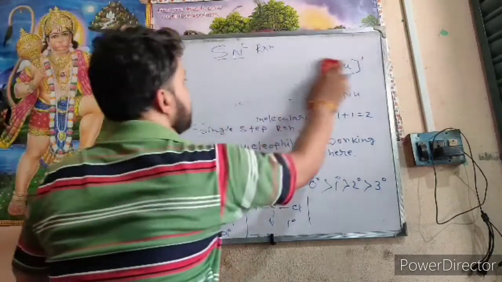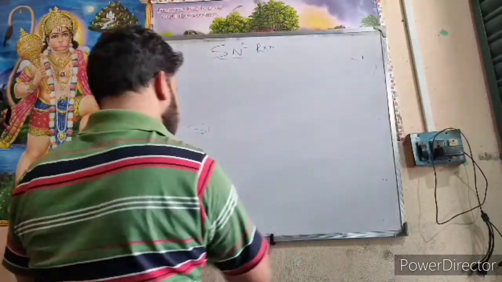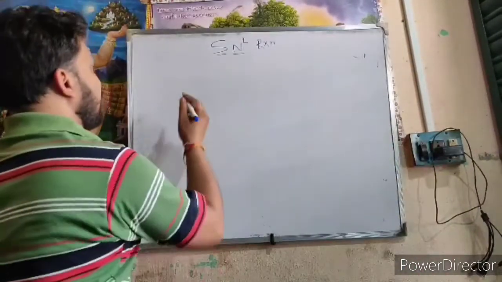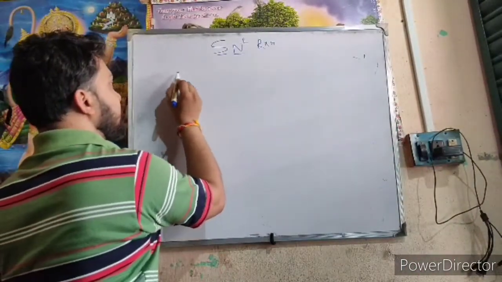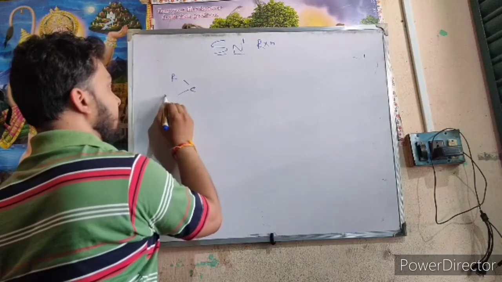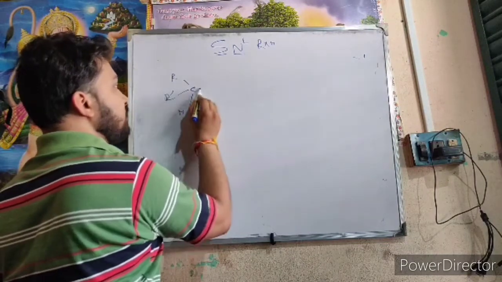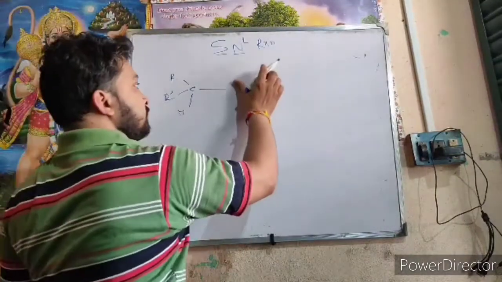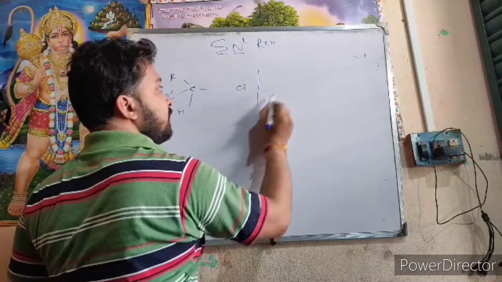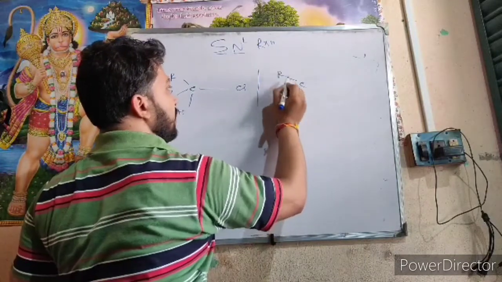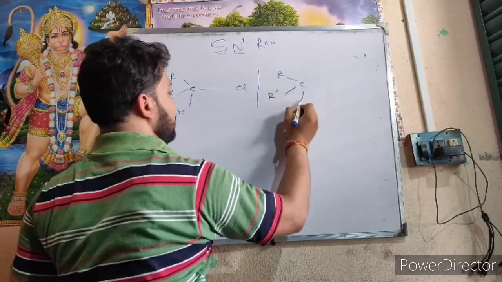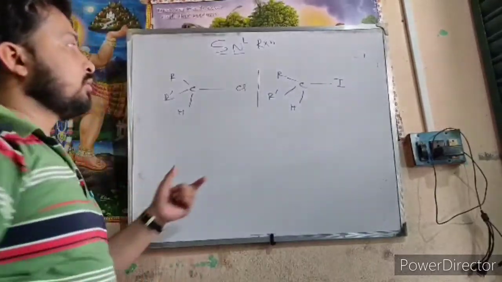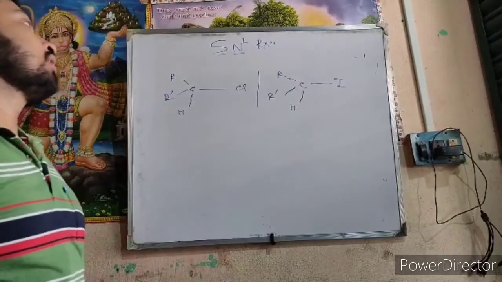Now, if you ask me this question, suppose you have C R' H and X. This X, if you ask me Cl or I, I give you these two compounds.